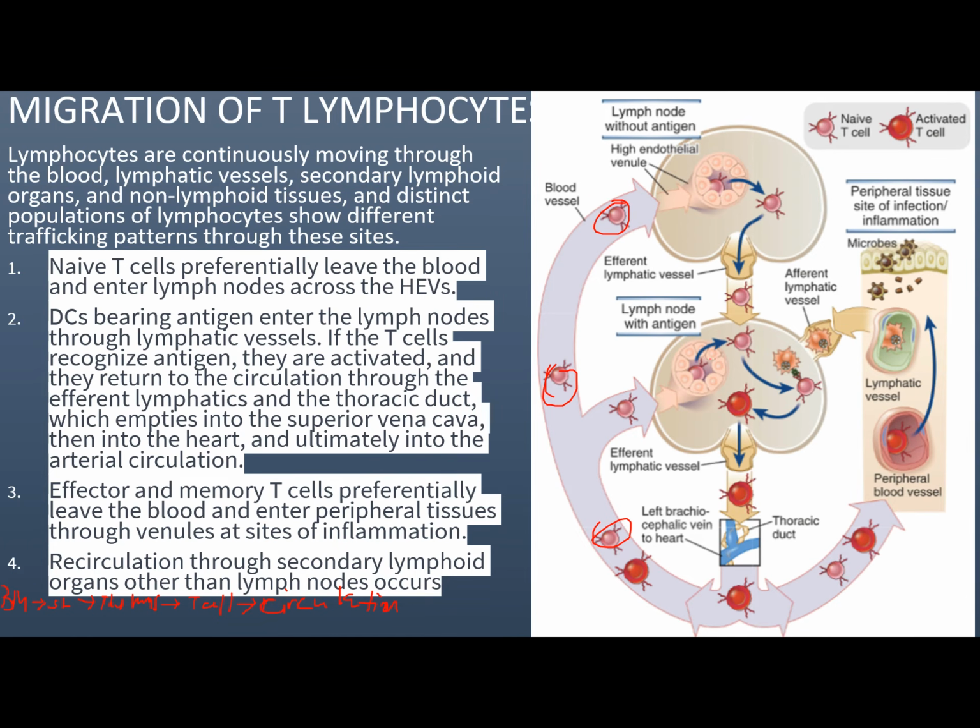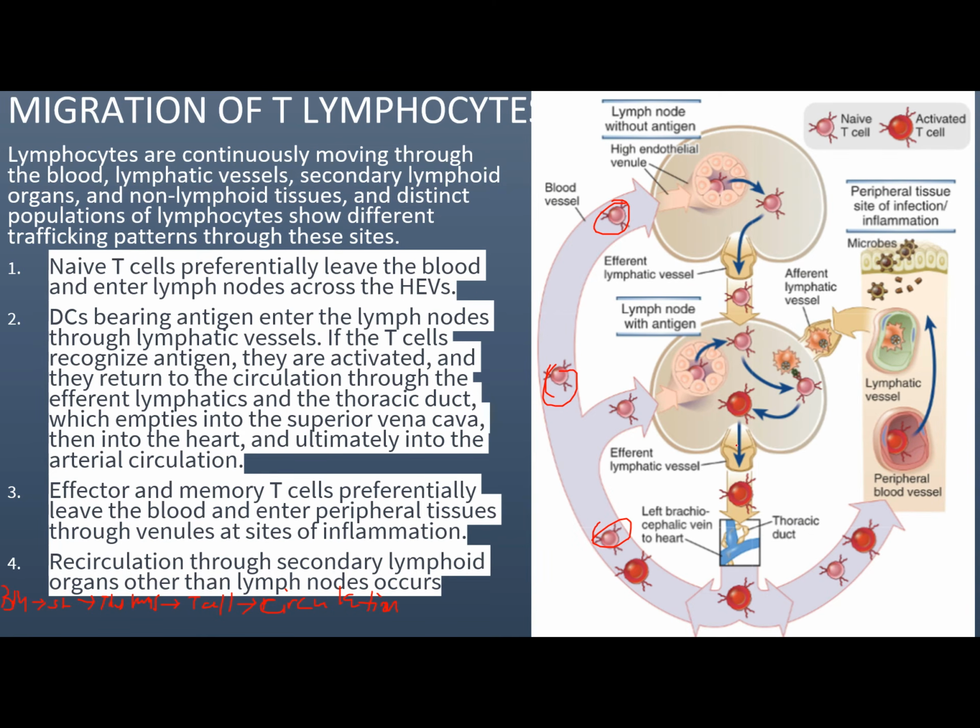Now, in the lymph nodes, class, there are certain cells such as your dendritic cells and macrophages that carry the antigen molecule, and they would expose it to the inactivated T cell. It would cause your inactivated T cell to become activated.